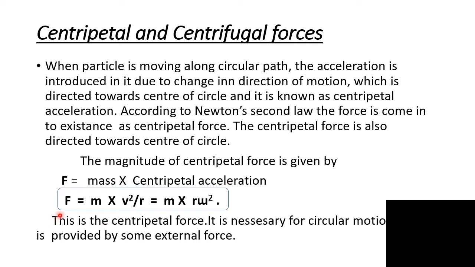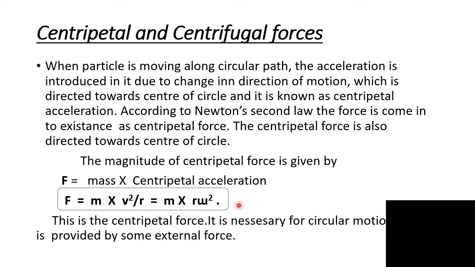So if the particle mass is m, then F equal to m into centripetal acceleration, v square by r or r omega square. Therefore, the centripetal force is always given by mv square upon r or mr omega square. So this centripetal force is always directed toward the center. Therefore, it is known as centripetal force.